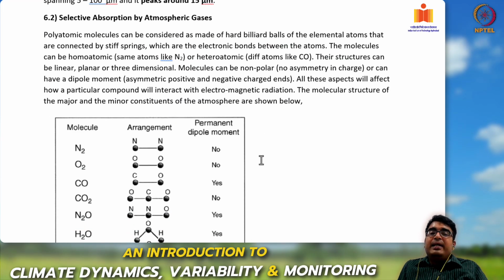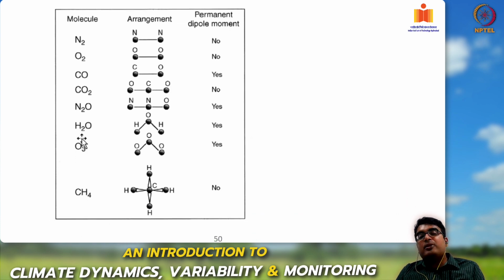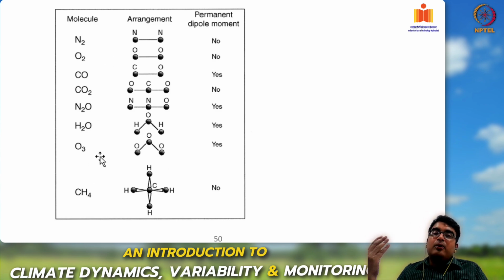So now here we look at why atmospheric gases absorb certain wavelengths and do not absorb certain other wavelengths. The idea is this: the atmosphere is a composition of multiple gases, primarily nitrogen and oxygen, but it also contains other trace gases like water vapor, carbon dioxide, ozone, nitrous oxide, etc. These gases have different molecular structures.